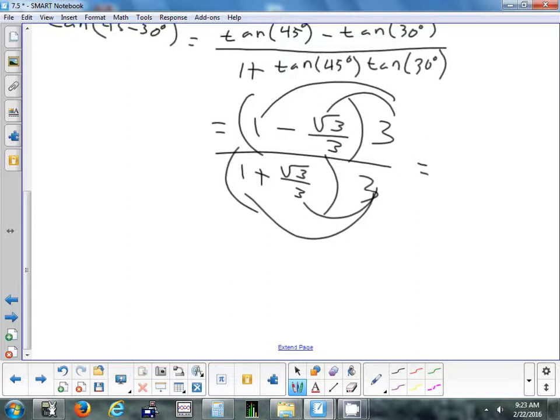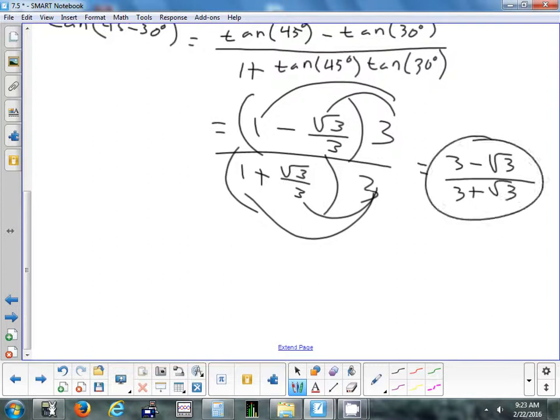So what you'd end up with here is 3 minus the square root of 3 over 3 plus the square root of 3. That kind of cleans the answer up a little bit. We could even go further if you multiply top and bottom by the conjugate, but I'm going to stop with that. I would at least like you to get rid of the fractions if that happens. So it's a little cleaner.